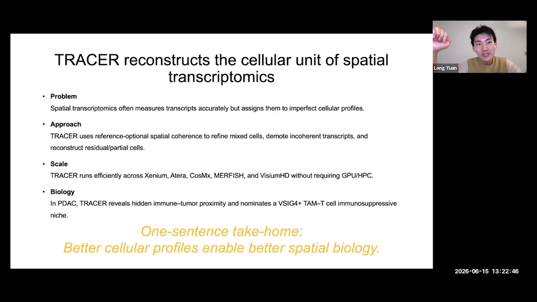The central message here is that spatial biology depends on the cellular unit we reconstruct, and Tracer provides a reference-optional way to make that unit more coherent, more complete, and more biologically interpretable.